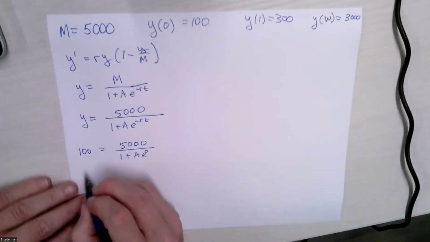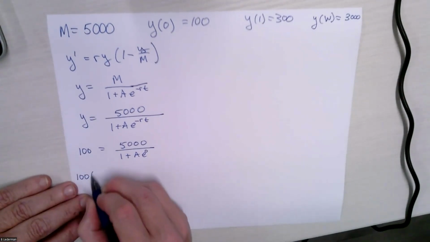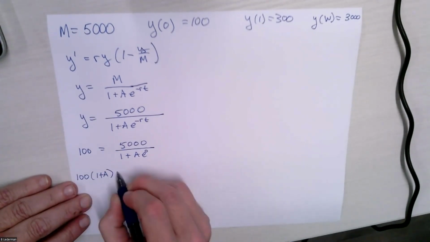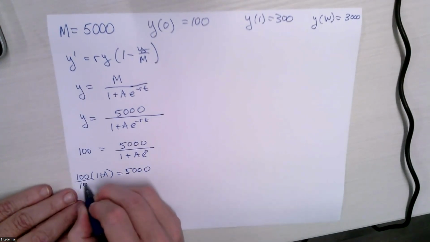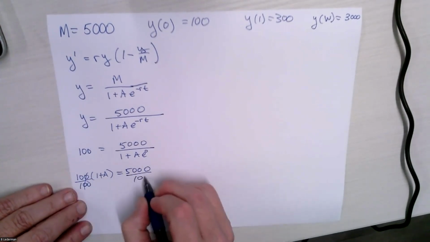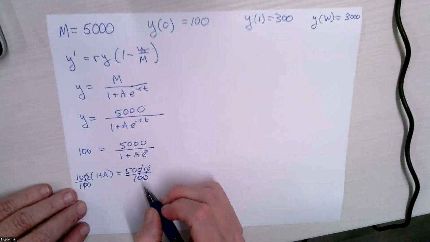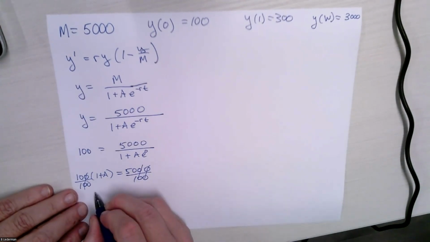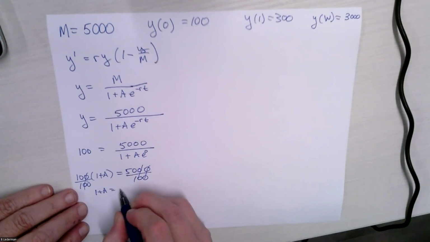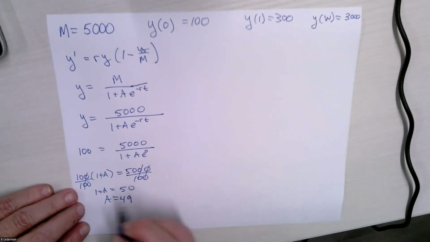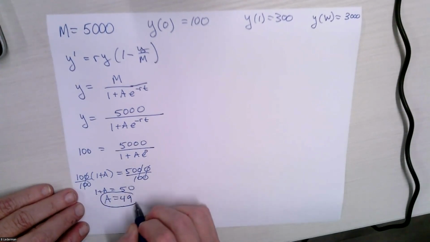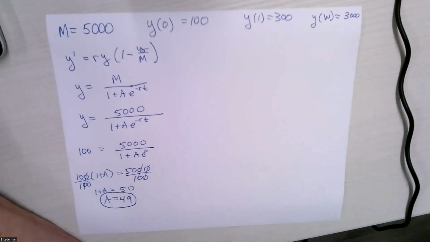In other words, 100 times 1 plus A equals 5,000. I'm going to divide both sides by 100. That just knocks off 2 zeros. And 1 plus A equals 50. So A equals 49. So yay, we have A.